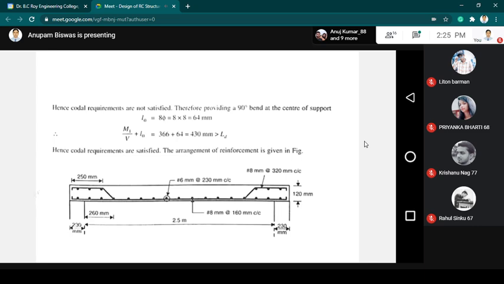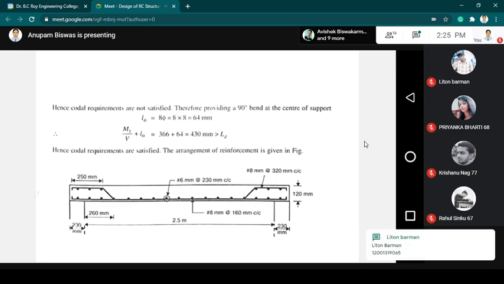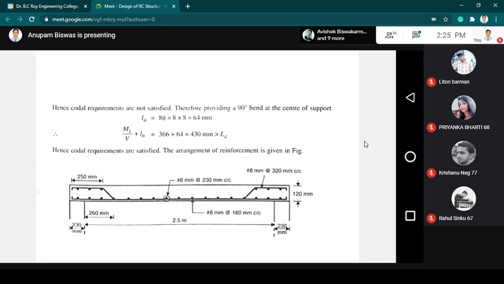And this is the longitudinal sectional diagram of the slab that we have obtained. So we have provided main bar as 8 mm diameter at a distance of 160 mm center to center, running in the shorter span, and in the longer span the distribution bar we have provided is 6 mm diameter at 230 mm center to center.